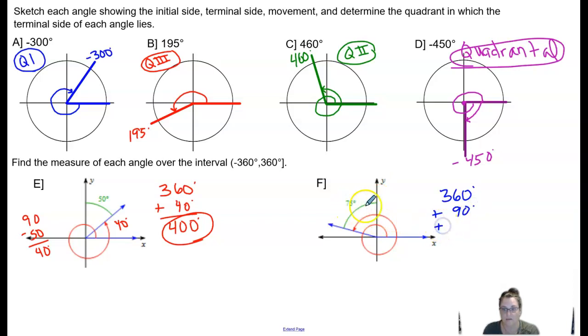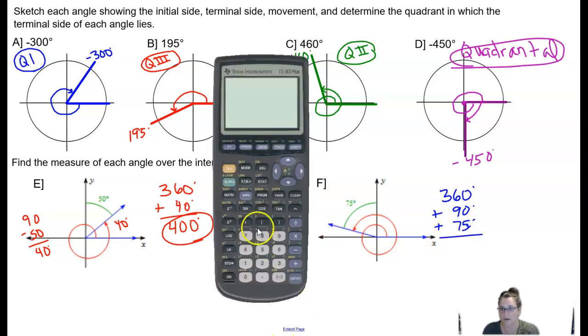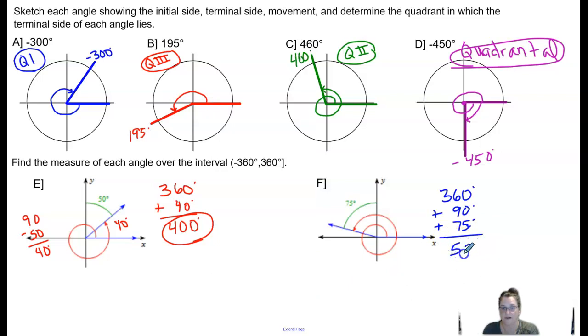And then we see here a marking showing that it's another 75 degrees then to reach the terminal side of the angle. So this angle has a measure that is 360 plus 90 plus 75, or 525 degrees.